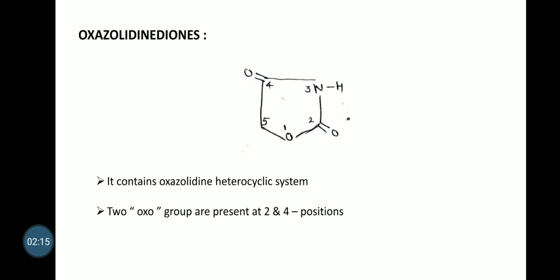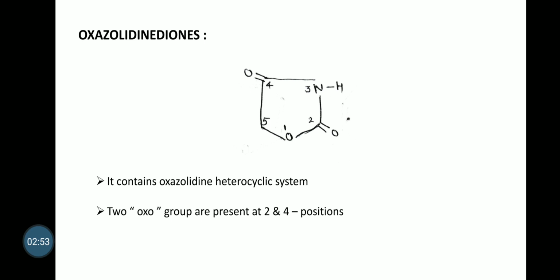Now if you compare this structure with the previous structure of Hydantoin, which we have seen in the previous lecture, you will see that, more or less, oxazolidinediones are related to the Hydantoins. The only difference is related to one atom. In Hydantoin, at the first position a saturated nitrogen is present, while in oxazolidine at the first position oxygen is present.